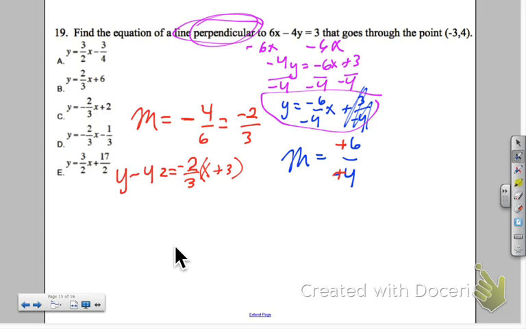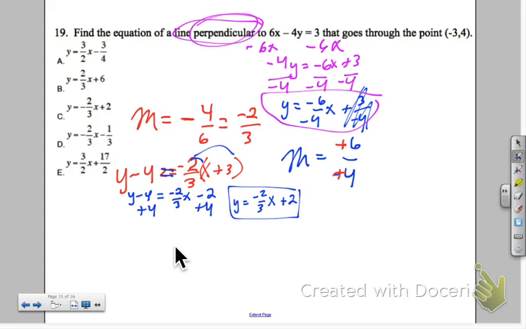This is nice because when I multiply this, it gives me a whole number. So I get y minus 4 equals negative 2/3 x, and negative 2/3 times 3 is a negative 2. Add 4 to both sides, and I get y equals negative 2/3 x plus 2. So let's hope that's one of my answers. Yep, right here. So there we go.